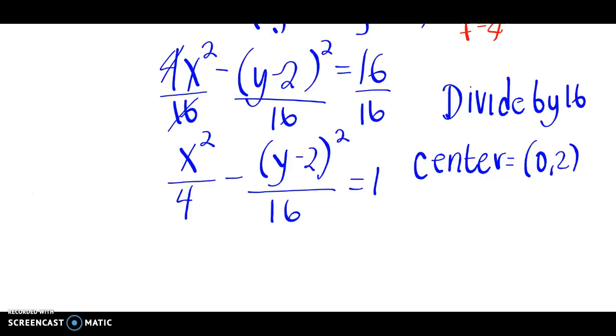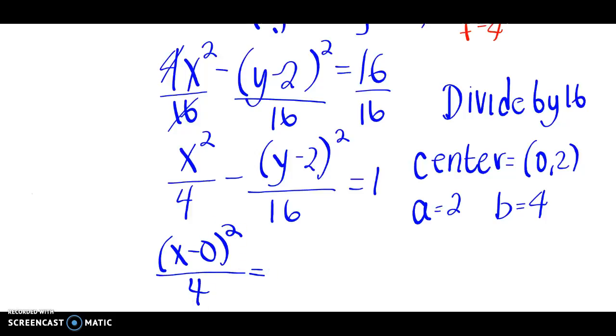So the center, A is 2 and your B is 4. What don't you get? The A, the B? The center? I could rewrite this if I wanted to as x minus 0 squared.